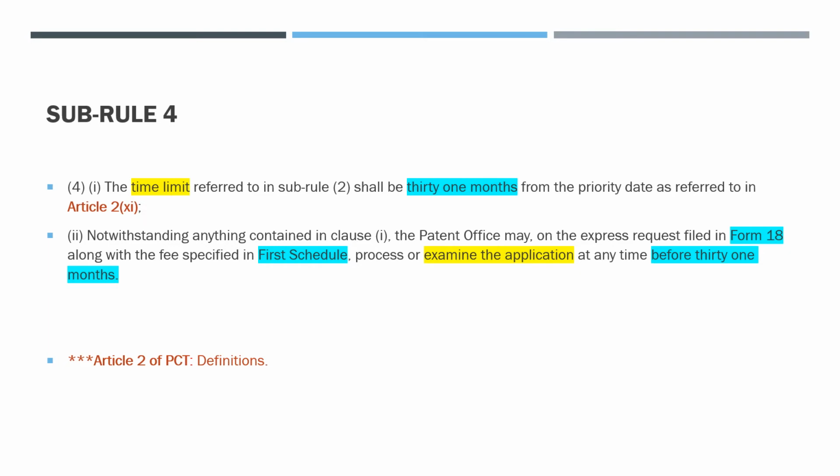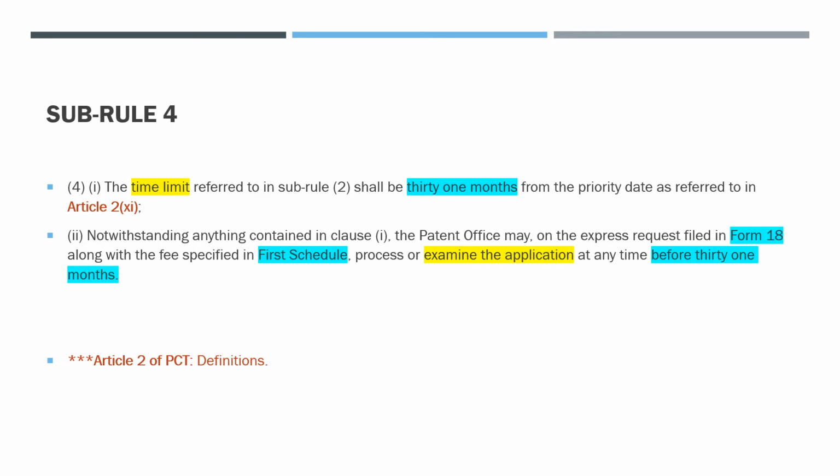So what is Article 2 about? Article 2 of PCT is about definitions. So here clause 1 says the time limit referred to in sub-rule 2 that we have discussed earlier shall be 31 months from the priority date as referred to in Article 2 clause 11.